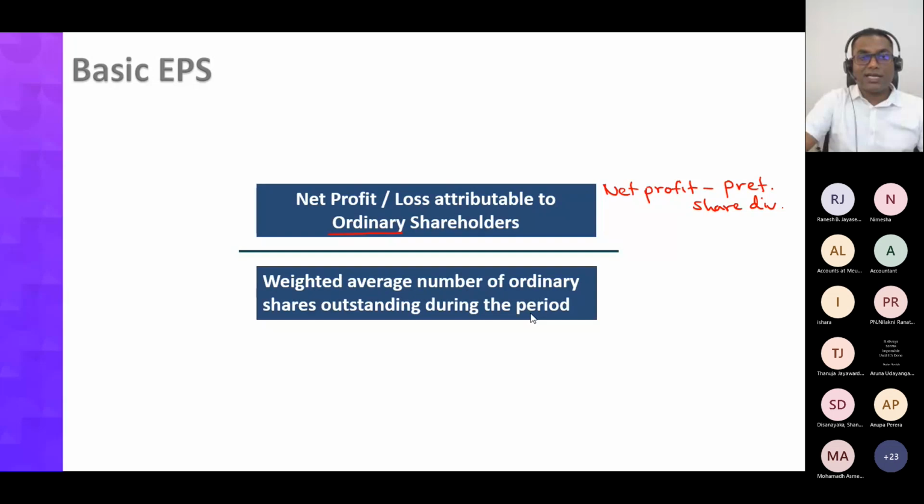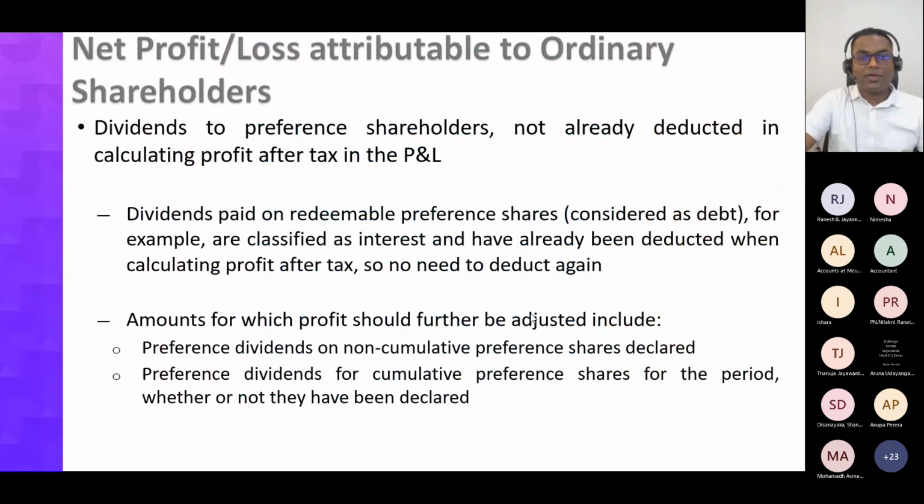Now in this question, the challenge is to calculate this numerator and denominator. First of all, about the numerator, profit or loss attributable to ordinary shareholders, especially in this question, you have preference shares. When it comes to the preference shares, first of all, you have to understand whether these preference shares are classified as equity or debt, because certain preference shares are classified as financial liabilities.